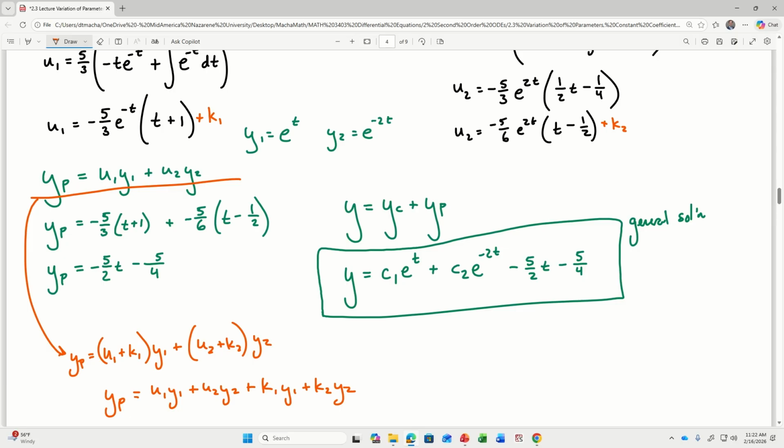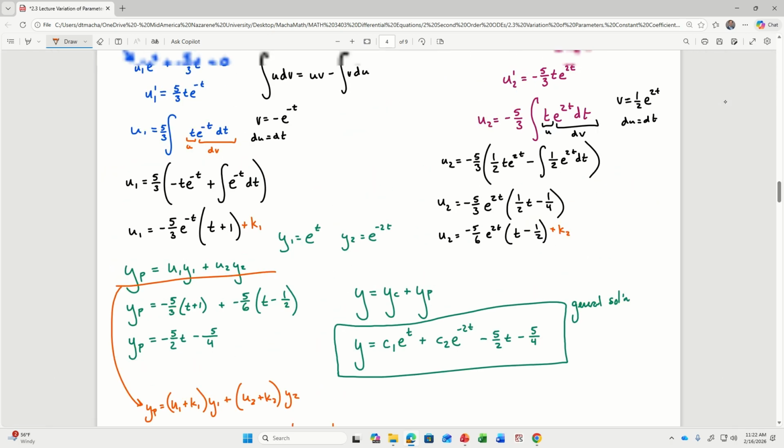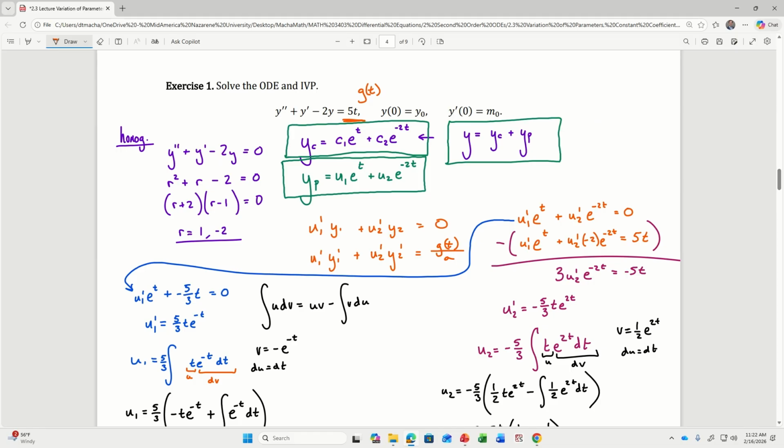Okay. Any other questions about this solution? It was really fast and easy to find the homogeneous solution in purple there. But even something as small as changing the right-hand side from 0 to 5t really adds a lot of complexity to solving the ODE, doesn't it?